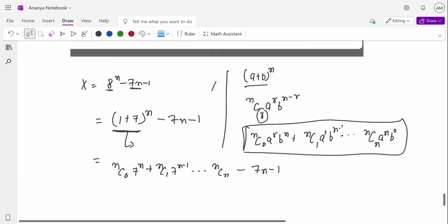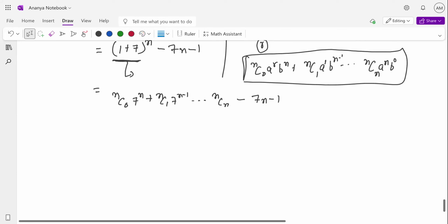okay, that is the expansion. Now what I should do? I need something to be calculated, but how can I do this? Any idea? No, sir. Okay. Let's see. This thing.